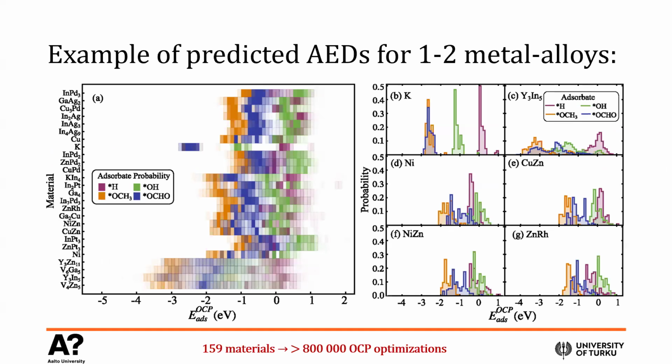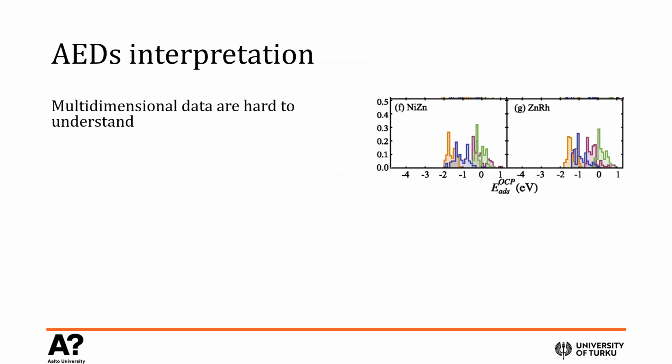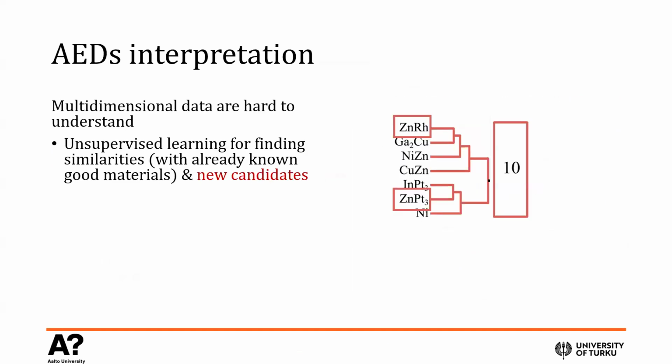So this is 26 materials. We have now around 300 there, so you can see that it's very hard for humans to comprehend. So what we did with it, and that was part of Prajval's poster, but as not everyone could see it at the time, we used another unsupervised learning on top of it to find new candidates. You see there, the top one we actually gave to our experimental colleagues.